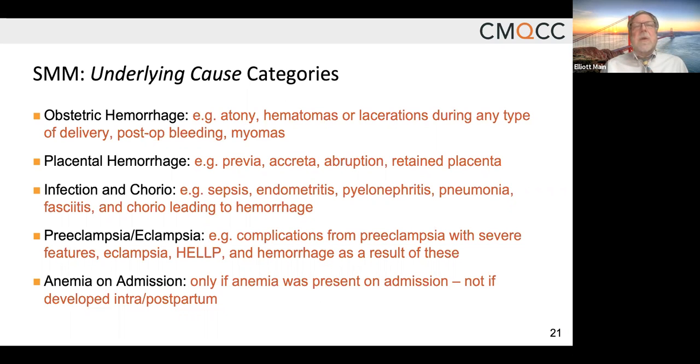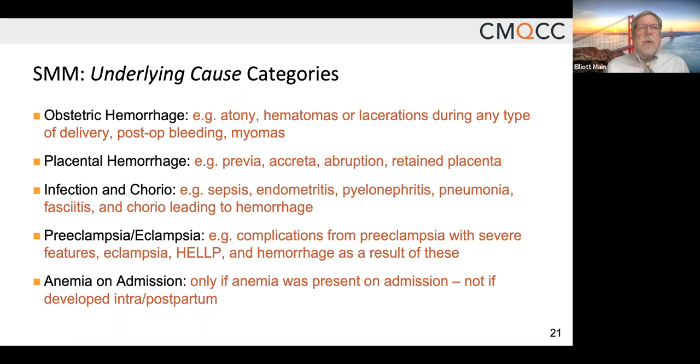So obstetric hemorrhage includes atony, hematomas, or lacerations of any type, postoperative bleeding, and bleeding from myomas at C-sections. Placental hemorrhage is previa, accreta, abruption, and retained placenta. Infection includes sepsis, endometritis, pyelonephritis, and pneumonia, and chorio when it leads to hemorrhage. So chorio alone, without sepsis, would not be in the infection category.